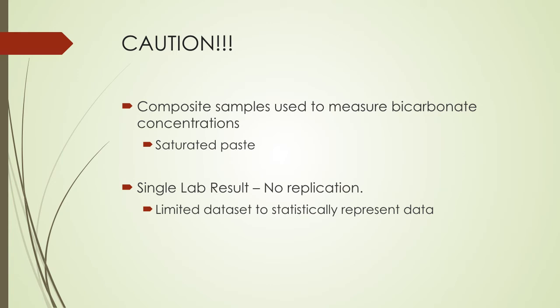So they had to composite all of the samples. So there's no replication for that information. So if it was a bad reading, it could throw off the data. We wouldn't really have any statistical data to confirm it if there were any outliers. So we have to take these values at face value, and we just hope that they're accurate.